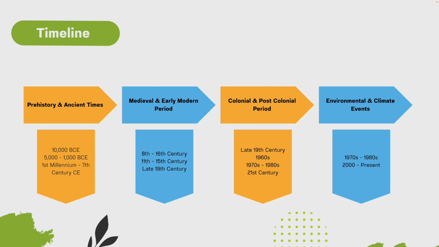So in the prehistory and ancient times, 10,000 BC, that's when we have early human presence in the Sahel region, with evidence of hunter-gatherer societies. Then between 5,000 and 1,000 BCE, we have the development of agricultural societies in the region, with domestication of crops like millet and sorghum.